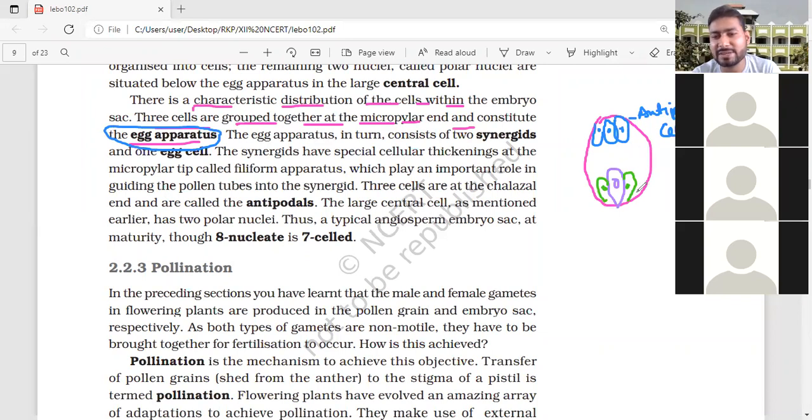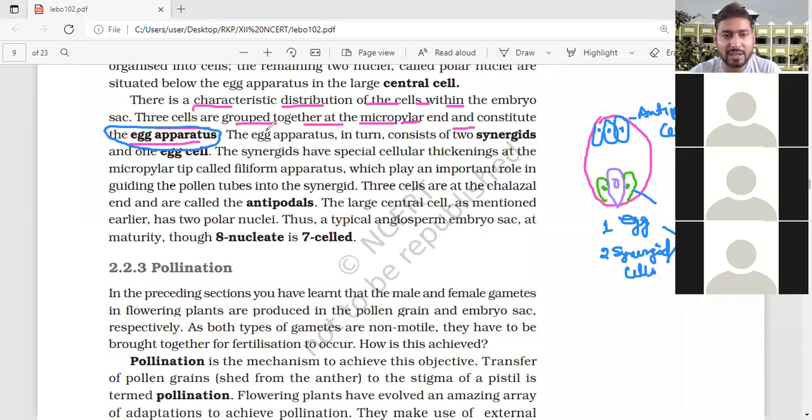Egg apparatus means this structure: one egg cell and two synergid cells together. Is it clear? Shreya? Yes, sir.